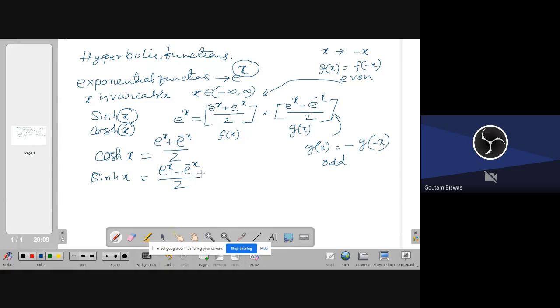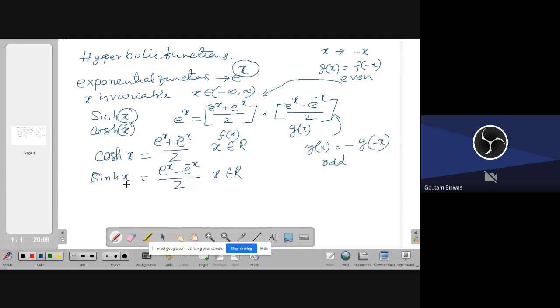Now x belongs to R, the whole range of R. This is the definition of cosh x and sinh x. I'll tell you later why these are called hyperbolic.